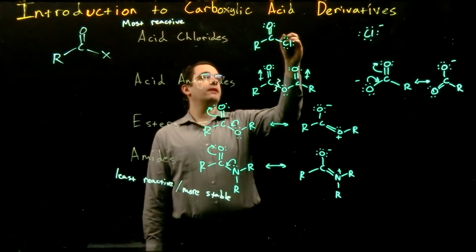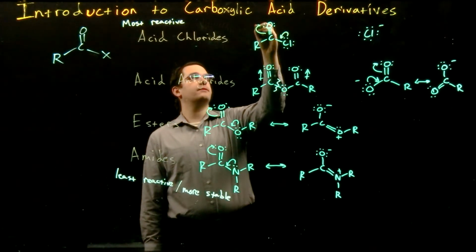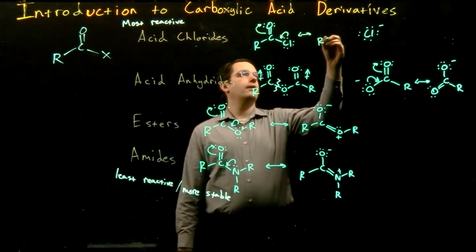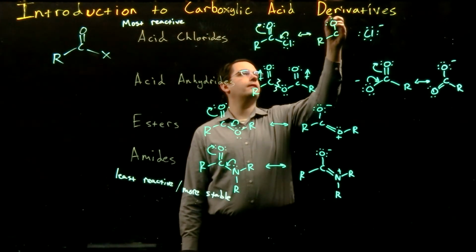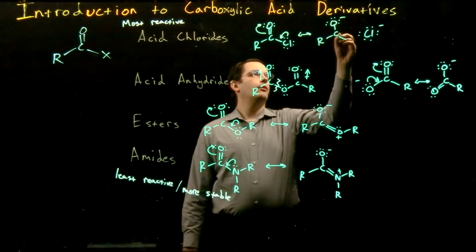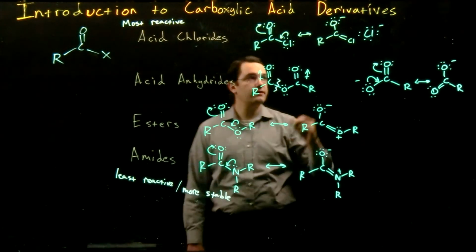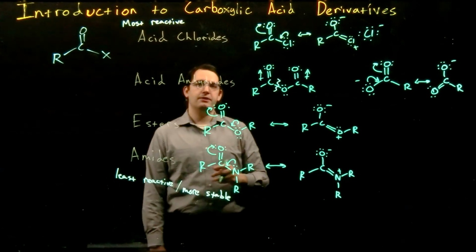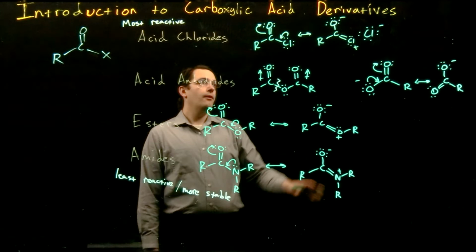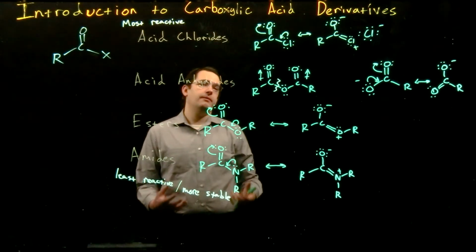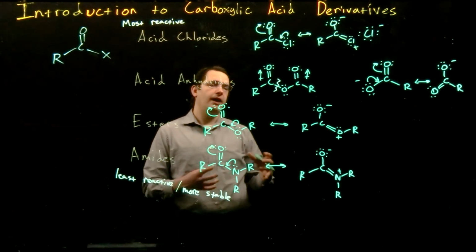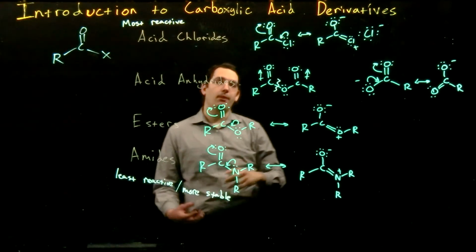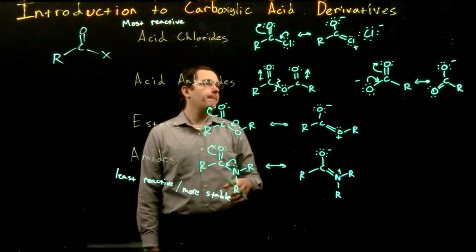But the other thing is, if we follow the same resonance reasoning that we used for our other compounds, if we resonate with our acid chloride, we get a negatively charged oxygen and a positively charged chlorine with a double bond to our carbon. Well, halogens in general don't like to make double bonds. They often don't have very good overlap between their larger p orbitals and the smaller p orbitals of our carbon.